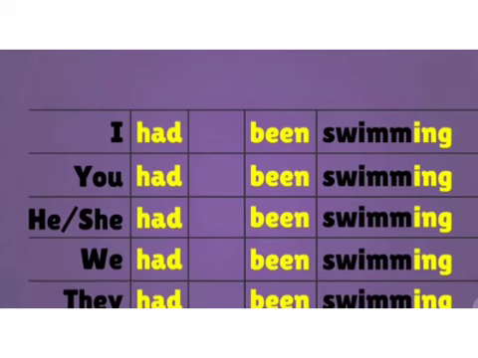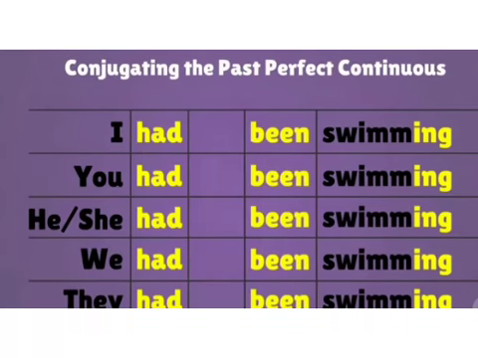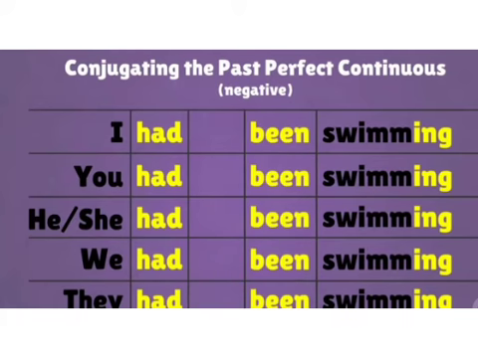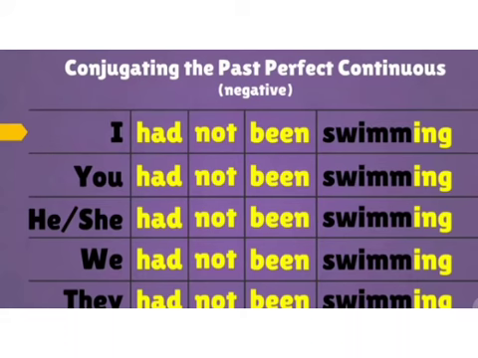Now let's look into the tabular column for the negative sentence. As I had already told you, not is added after the auxiliary verb had. I had not been swimming. The next one is, you had not been swimming. Next one, she had not been swimming.